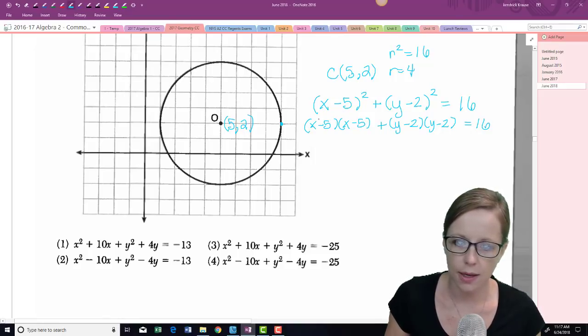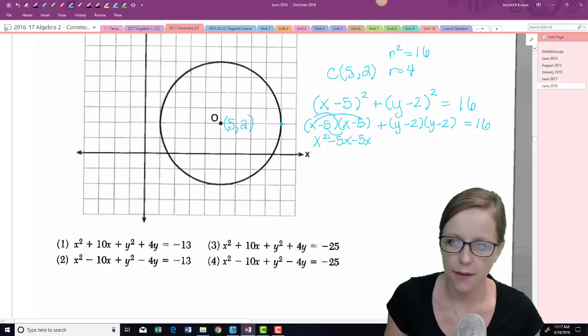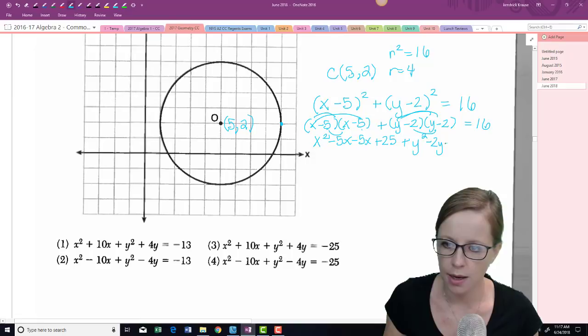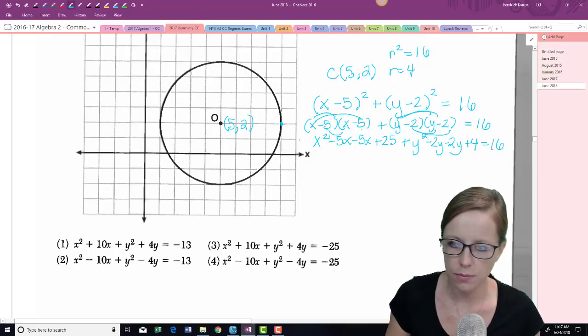So multiply this out, get x squared minus 5x minus 5x, negative 5 times negative 5 is positive 25, plus y squared minus 2y minus 2y plus 4 still equals 16.